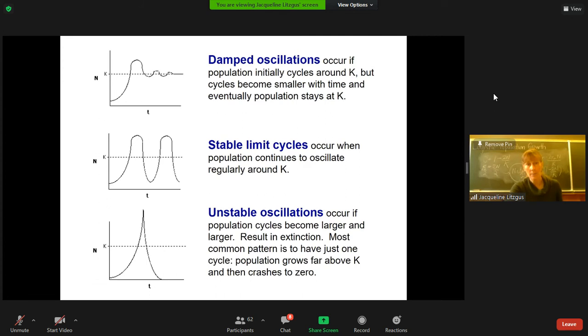And you know that small populations are subject to extinction vortexes, right? We learned about that already. Whenever the population gets to this dip, things get really dangerous for that population. If the population can recover, okay, but this is a dangerous situation. And of course, as I said, the unstable oscillations almost inevitably lead to extirpation or extinction.